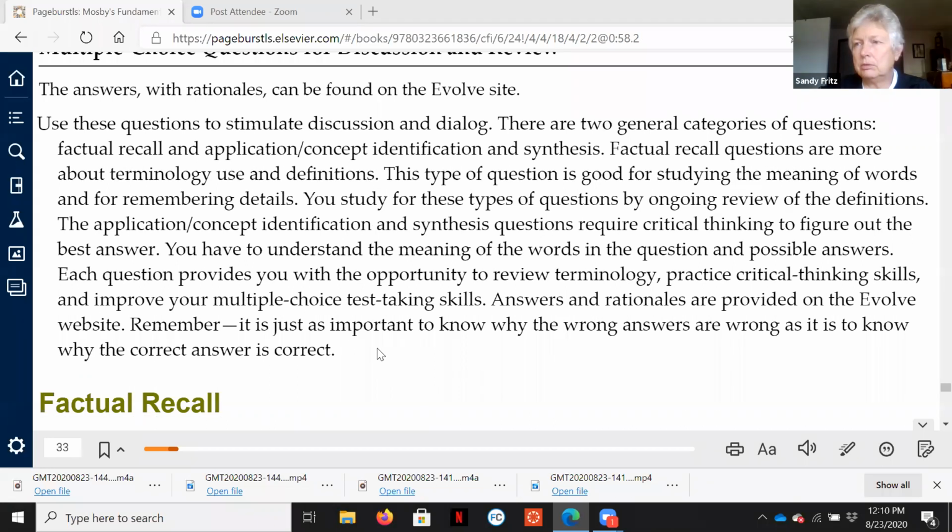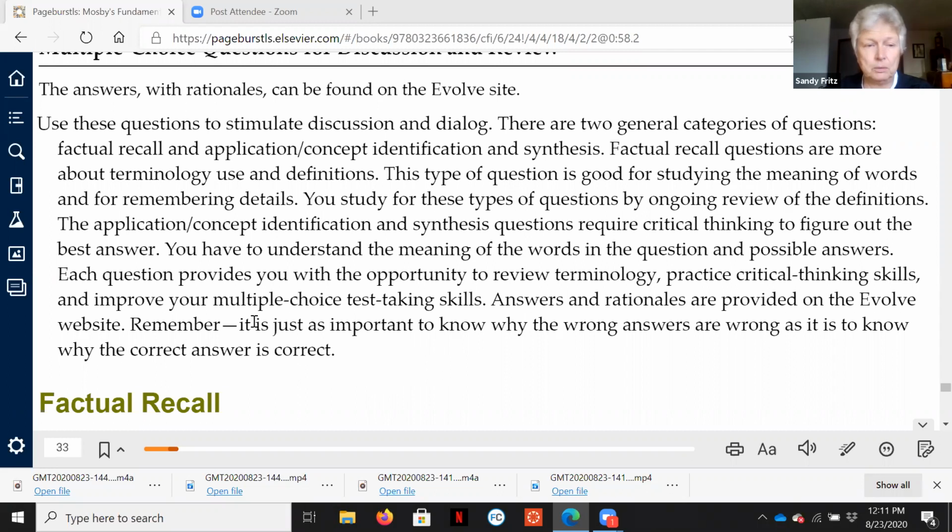If you're an HEC student working through your Canvas, we have loaded those up on your Canvas for each chapter. So a rationale is what explains why the right answer is right and why the wrong answers are wrong. And you should study these questions in that type of a way.